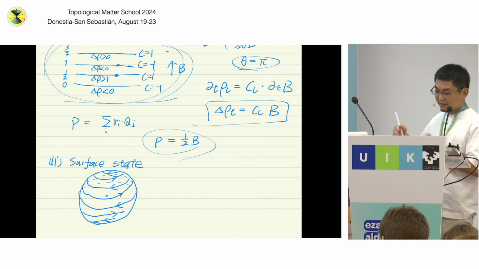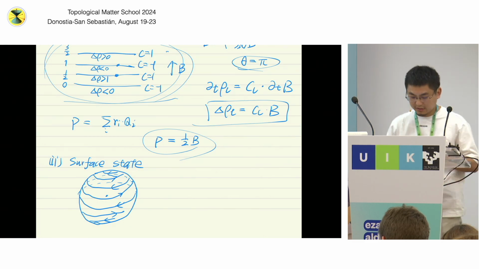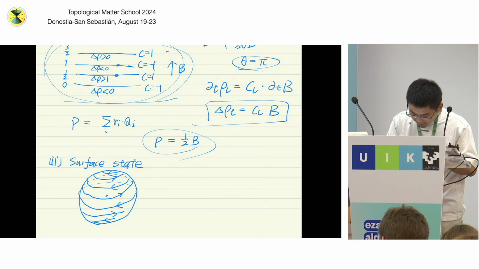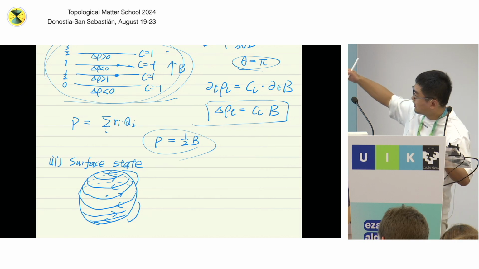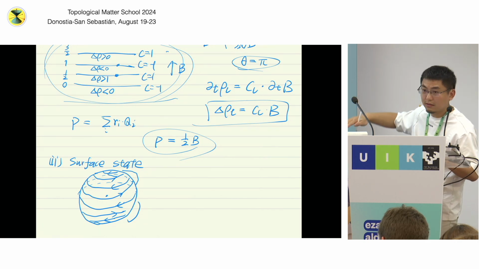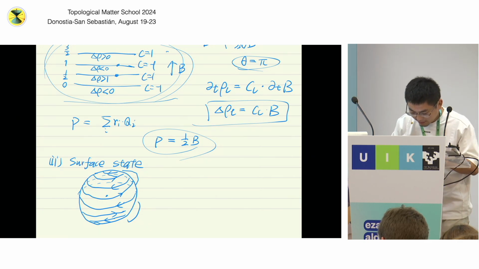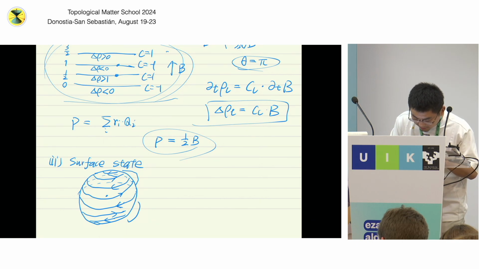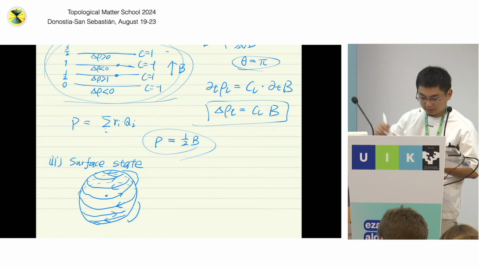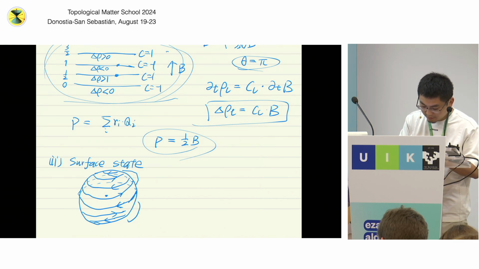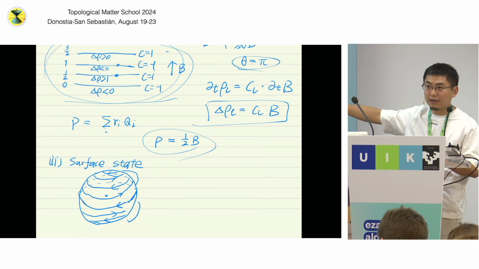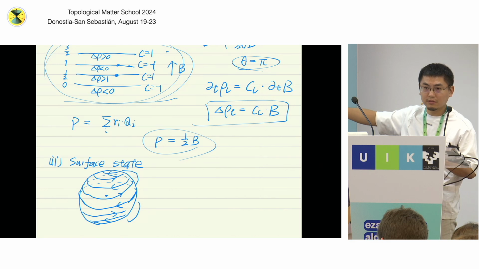So if this geometry respects the inversion symmetry, then there must be an equal number of edge states on the upper half and the lower half, right? But the edge state in the middle is special. This one, the middle one, itself is invariant under the inversion operation.